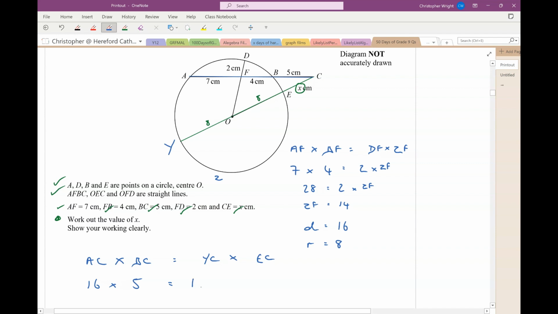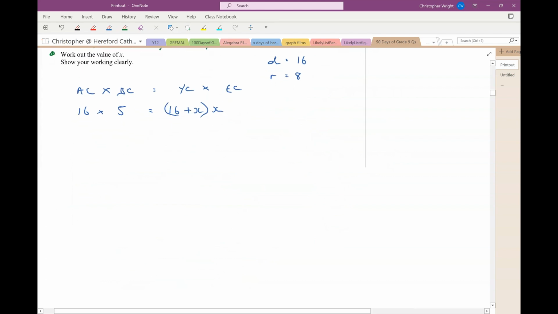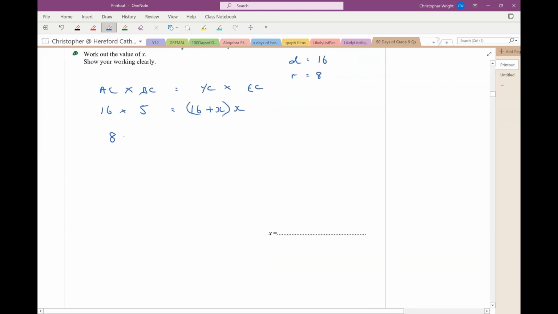So that's 16 plus x multiplied by EC is x. Look at this. I think I'm going to get a quadratic equation. So I've got 80 equals 16x plus x squared, so x squared plus 16x minus 80 equals 0.